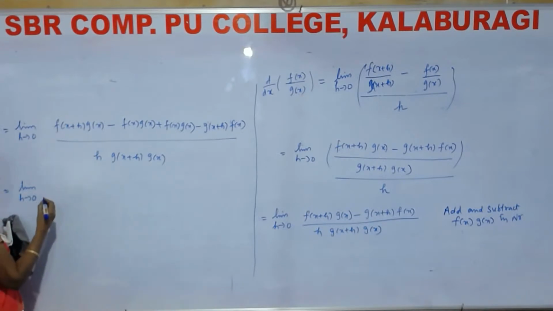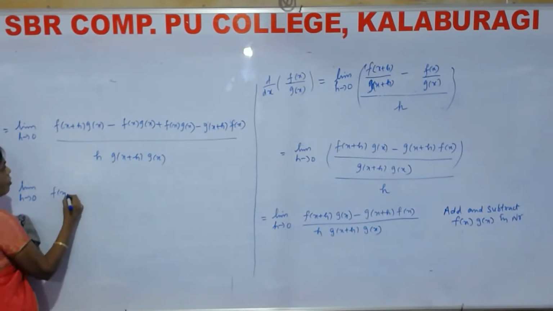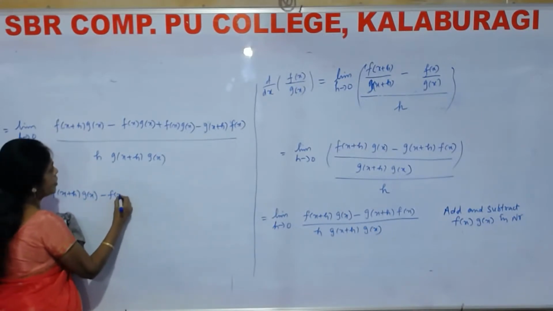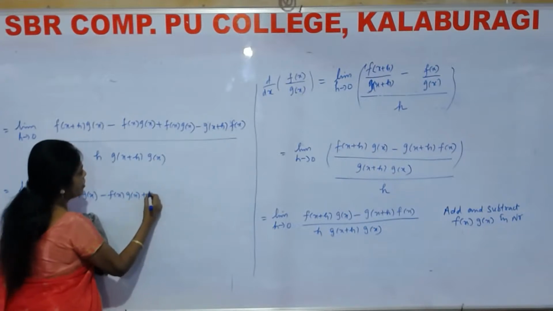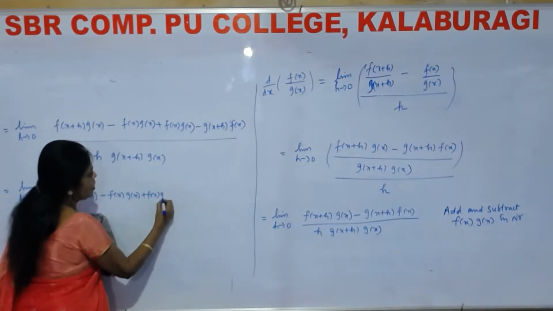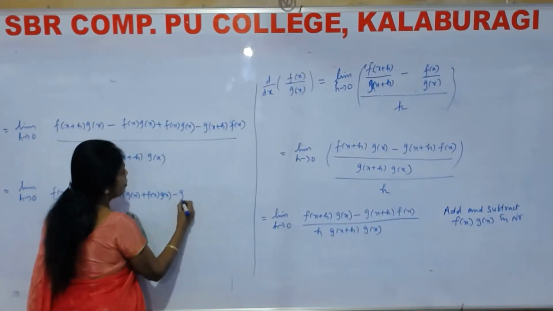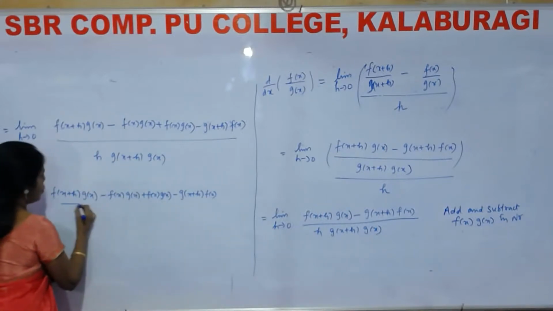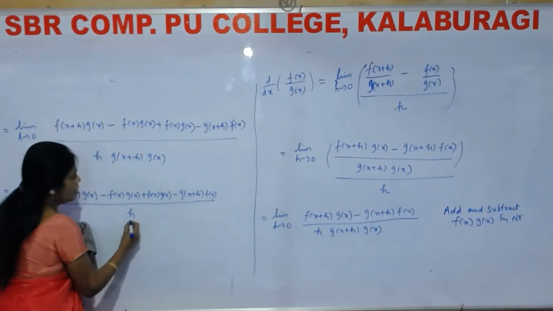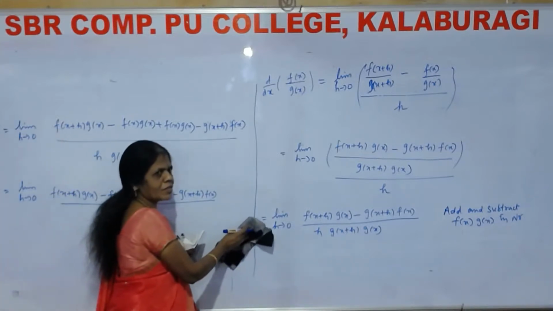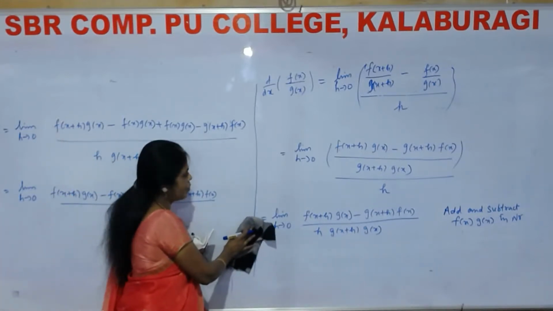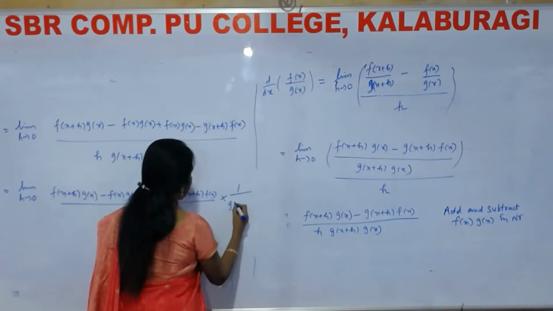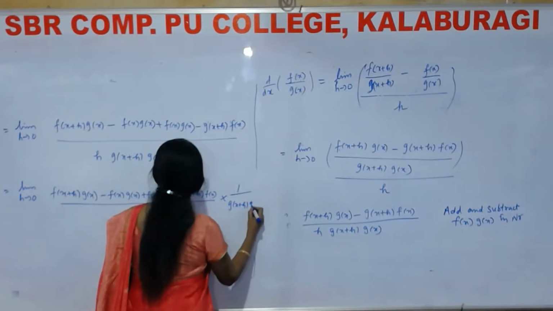Now listen carefully, listen to what I am doing. f of x plus h into g of x minus f of x g of x plus f of x g of x minus g of x plus h into f of x, whole divided by h into, what is left out, shall I write like this? g of x plus h into g of x.